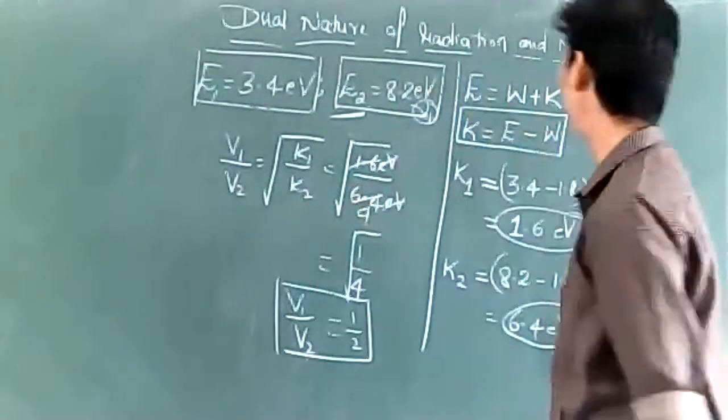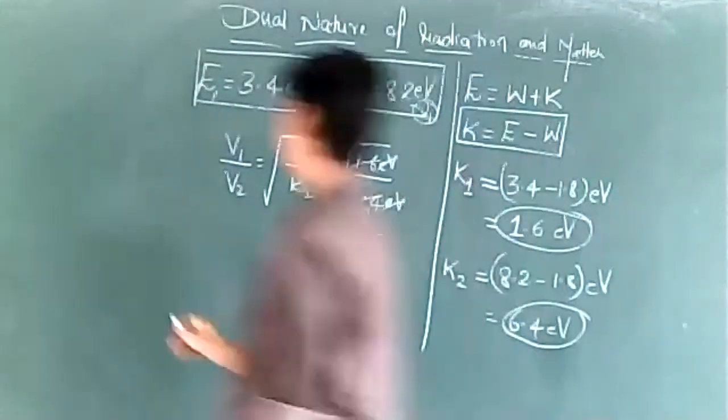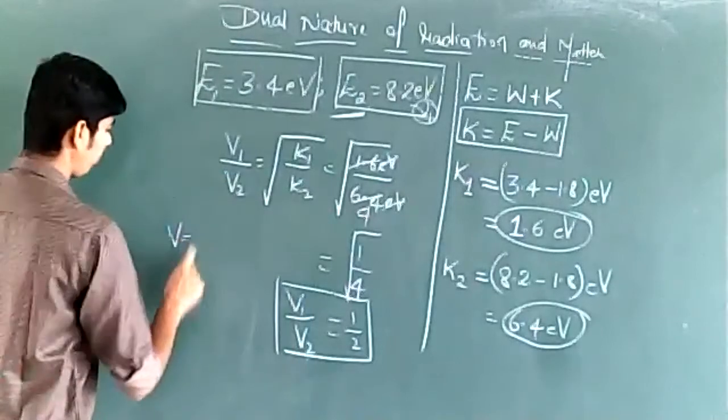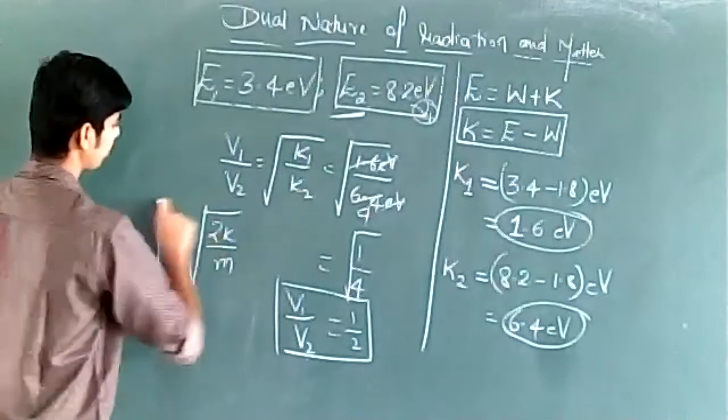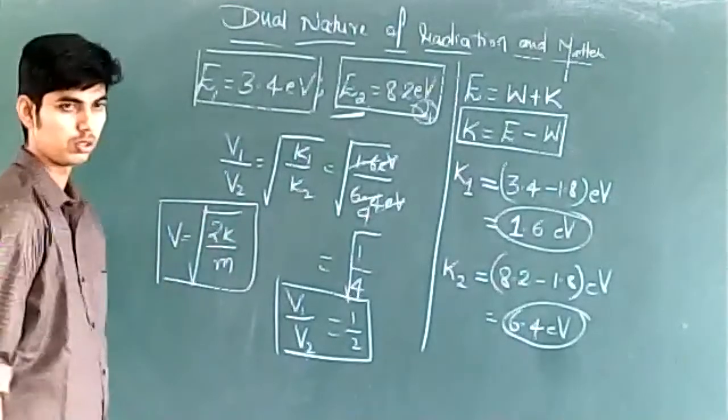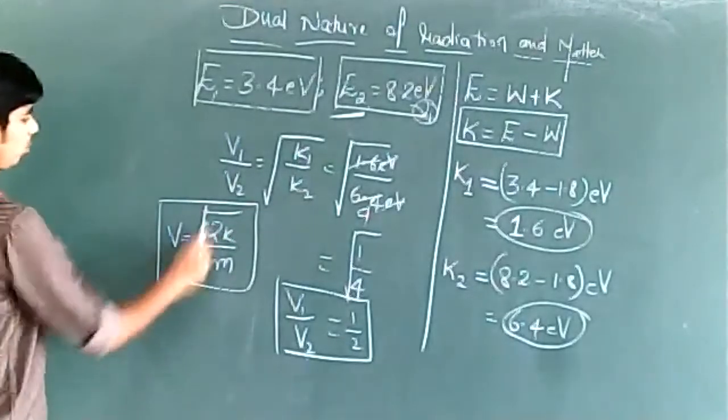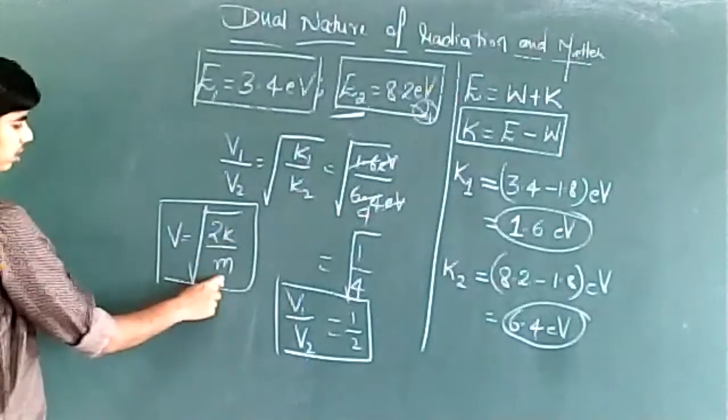What is to be remembered here is the formula for the speed of a photoelectron: the square root of 2 times kinetic energy divided by mass.